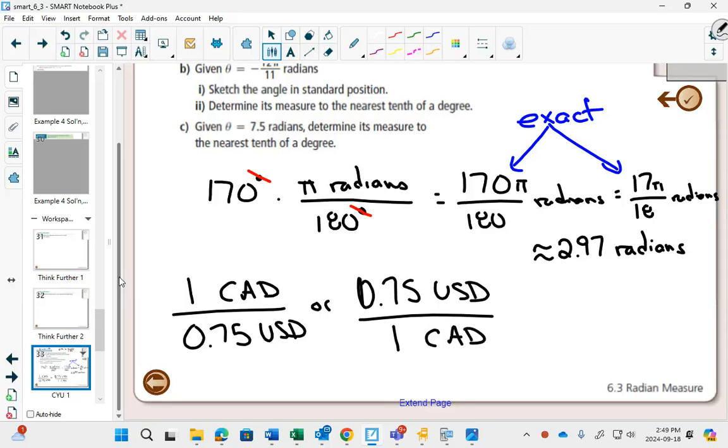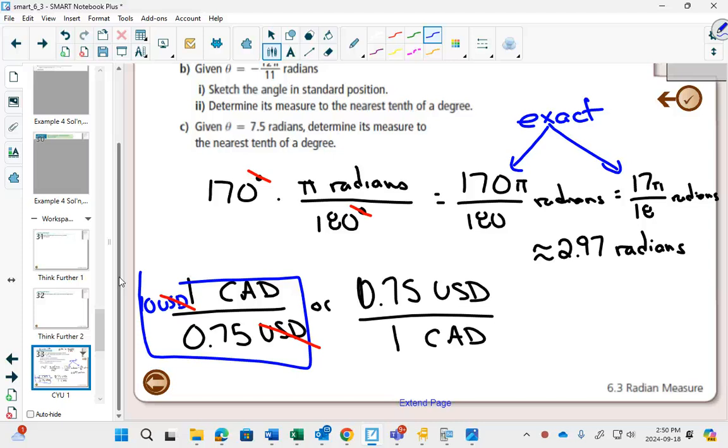because they're equal. So if I have 10 American dollars and I want to change to Canadian, I would use this one, because then my unit would go away and I'd be left with Canadian dollars. So I'd be like, oh, I need to take 10 and divide by 0.75 to change. Instead of having to look up something else on the internet that says 1 US dollar is 1.33 Canadian dollars and use that, this tells me if I have to divide.